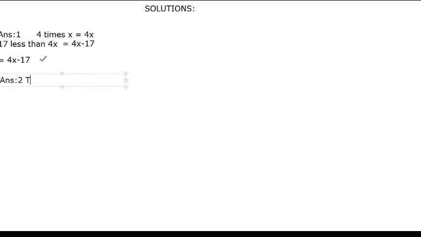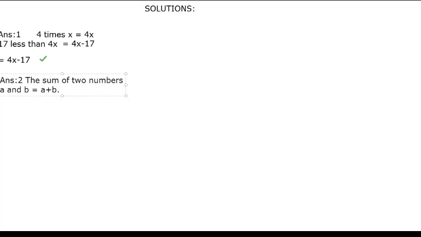The sum of two numbers A and B is equal to A plus B.